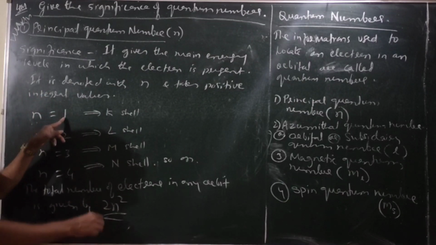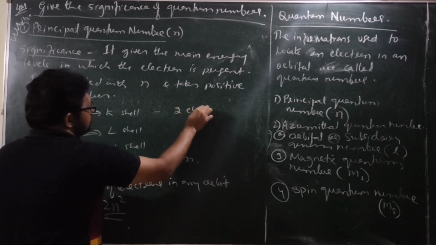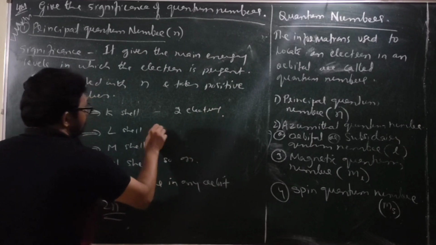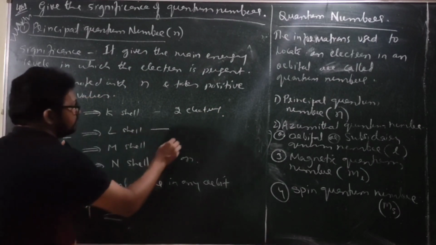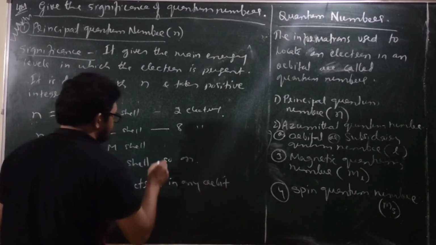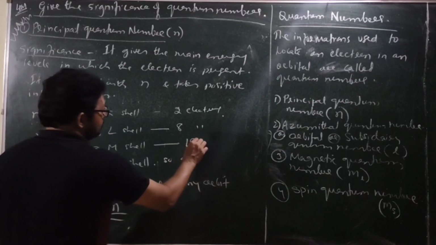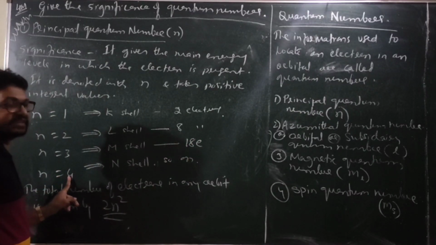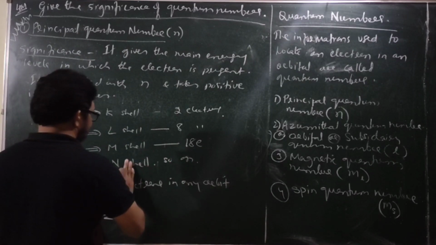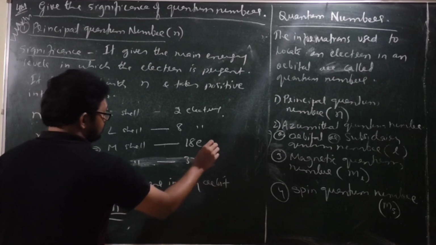Now 2 into 1 square, how many electrons? 2 electrons. 2 into 2 square, 4 into 2, 8 electrons. 2 into 3 square, 9 into 2, 18 electrons. 2 into 4 square, 16 into 2, 32 electrons.